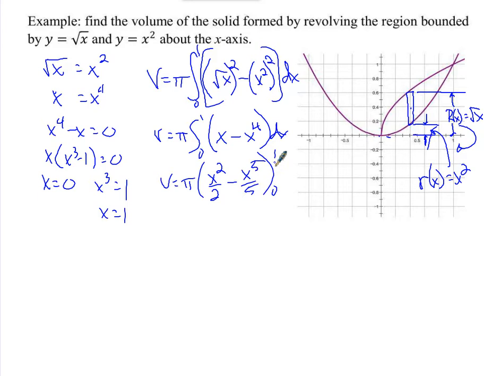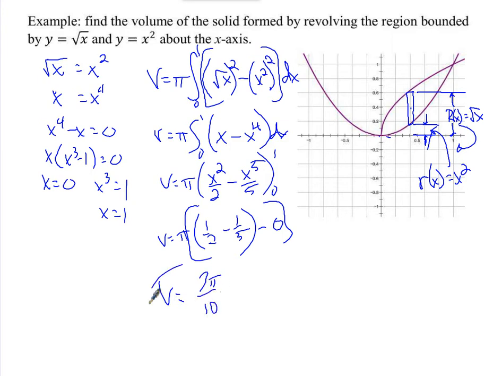Now the 0 is going to make everything disappear, so really I'm just plugging in the 1. V equals pi times, okay, minus 0. V equals 3 pi over 10. And you're done.